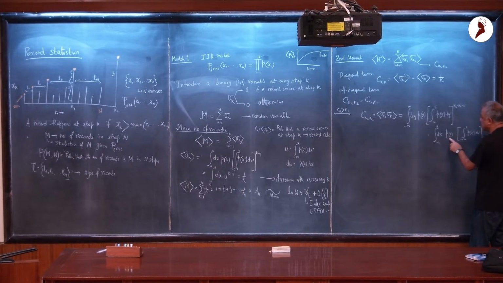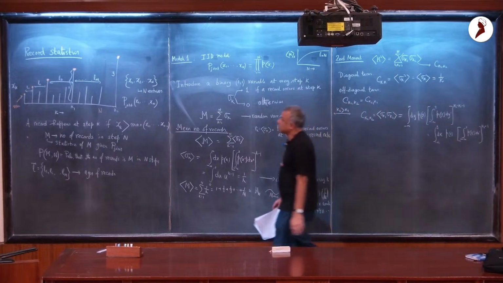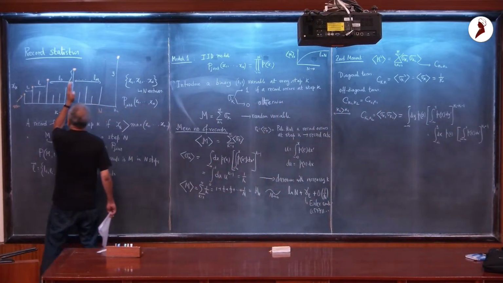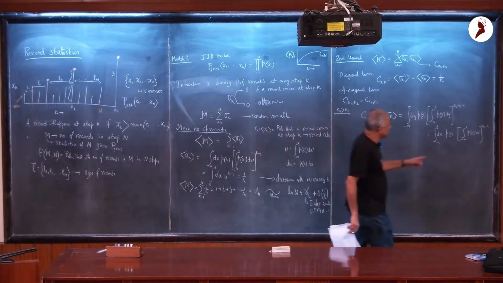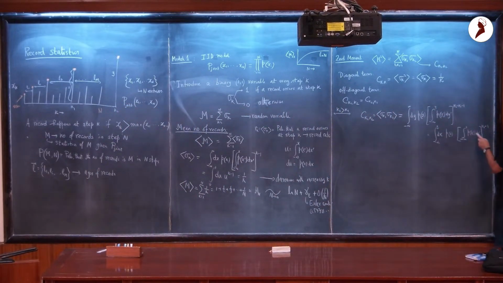And then this is the k1 guy, which has value x. And then I have to ensure all the guys previous to the k1th guy are less than x, right? So this guy is x, and this is a record. Therefore, all these guys should be less than x. And the probability for that is the integral from minus infinity to x of p(x') dx', to the power k1 minus 1, because there are k1 minus 1 guys before that. So this is the probability of this string.